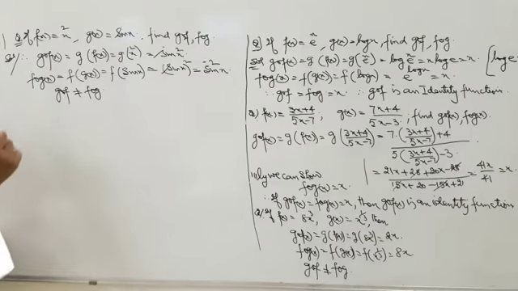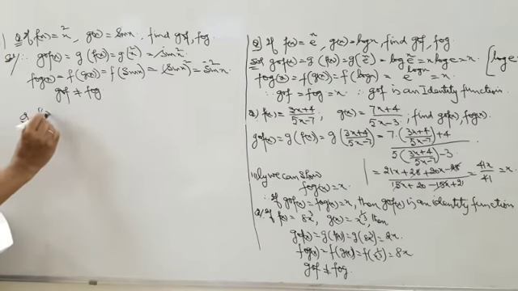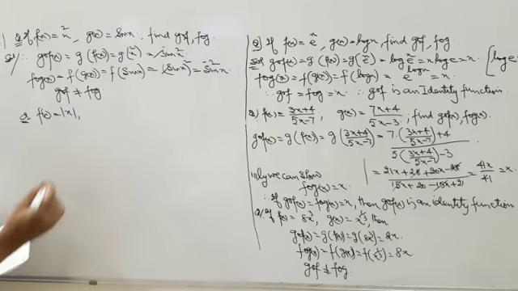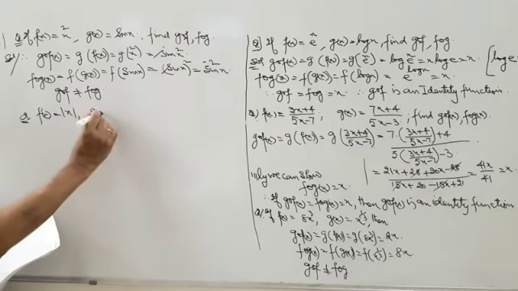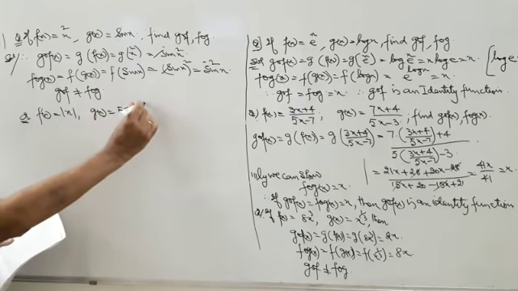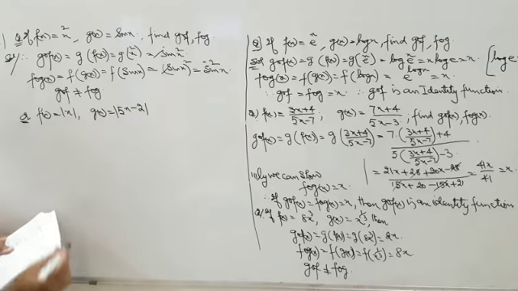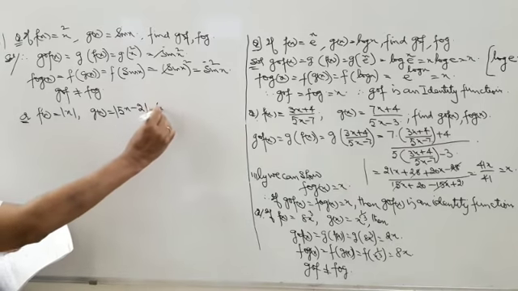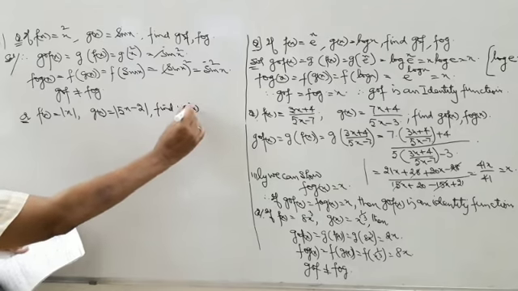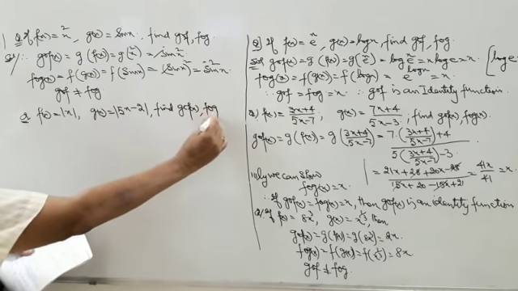Now take up another case. We have f(x) is equal to modulus of x, g(x) is equal to modulus of 5x minus 2. Find g circle f(x), f circle g(x).